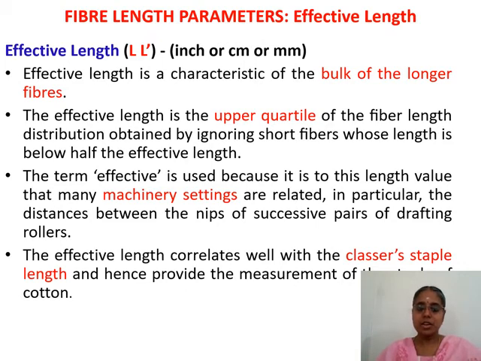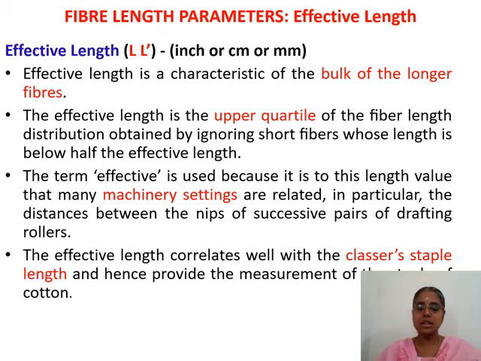This also correlates well with your staple length. Earlier, staple length was used by various classes who classified the fibers based on their effective length. We saw the classification based on upper quartile length earlier, and the classes classify fibers based on staple length, and this effective length correlates well with the staple length.